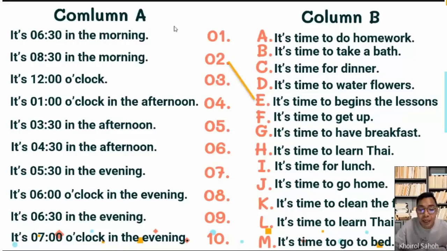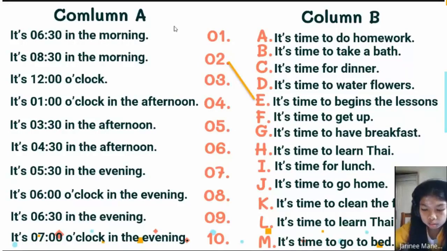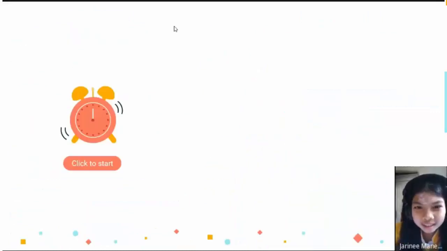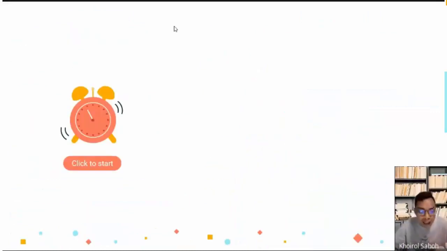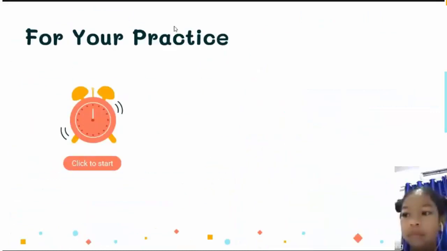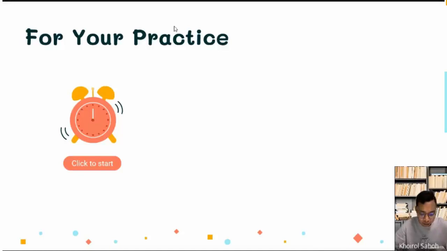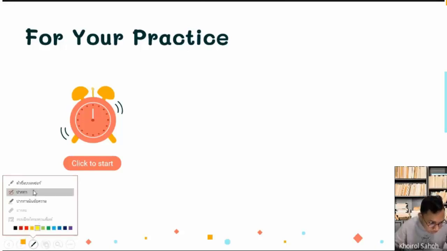It's time to begin the lesson ก็คือถึงเวลาที่จะต้องเริ่ม. ข้อ E อันนี้เราทำเองนะ โอเคค่ะ. Alright, so for your practice, finish your exercise on page 30.